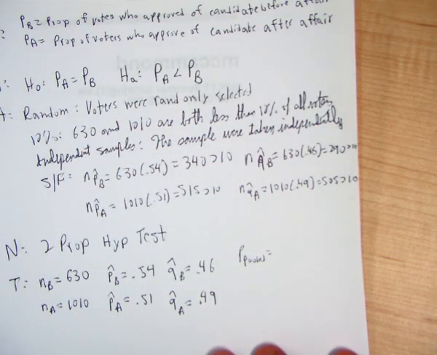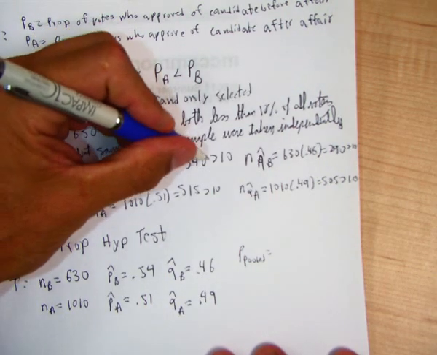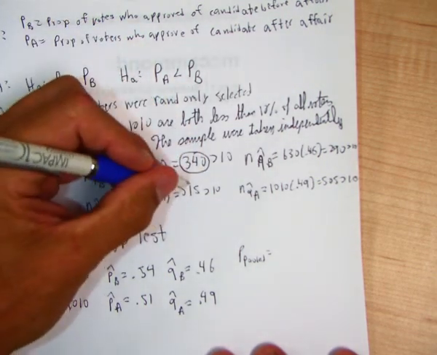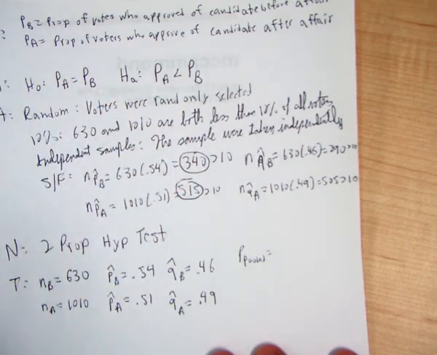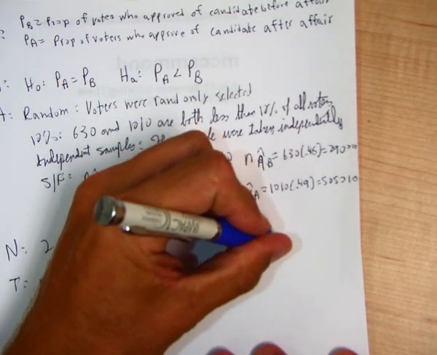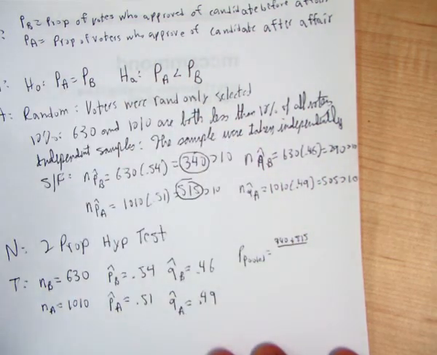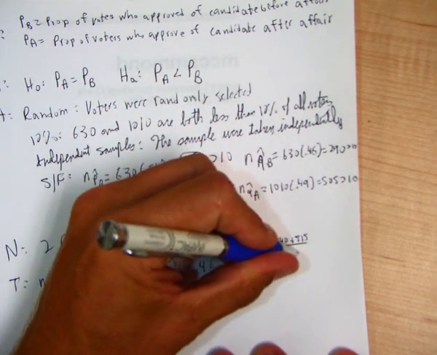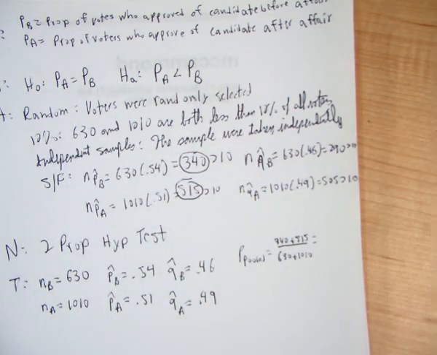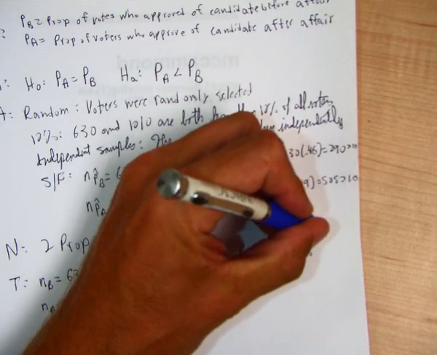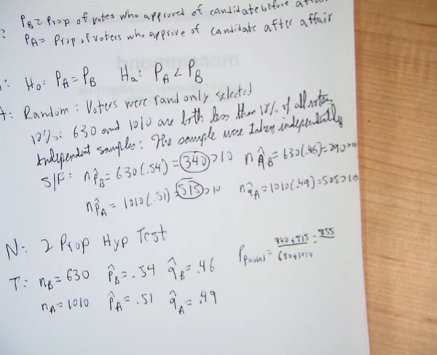P pooled. I'm going to use this and this, so I'm going to do 340 plus 515 over 630 plus 1010. 340 plus 515 is 855, and 630 plus 1010 is 1640.